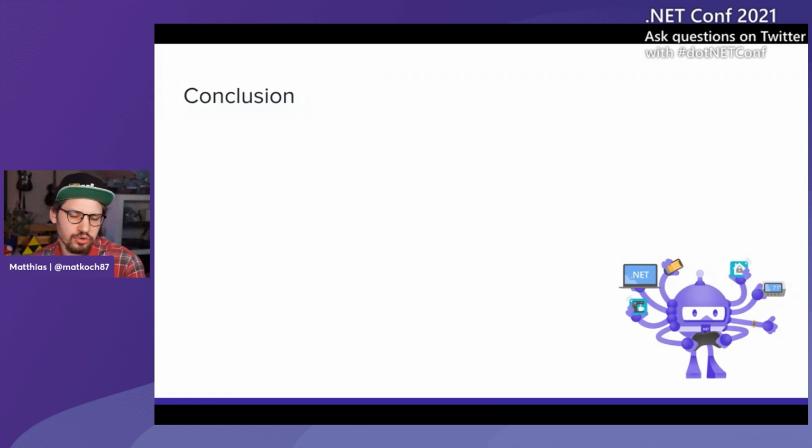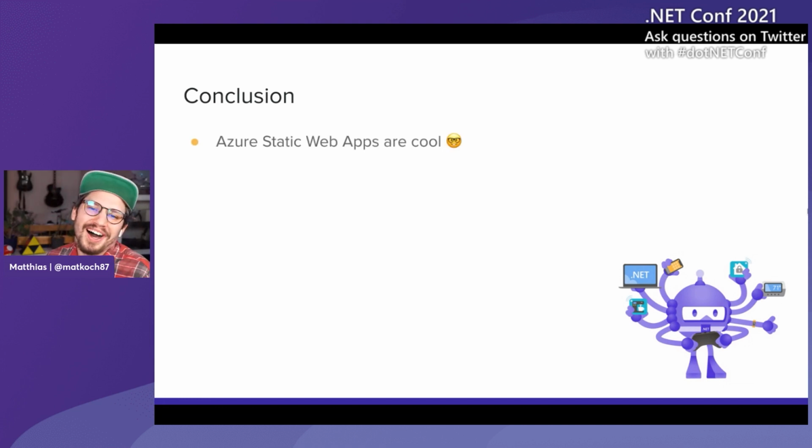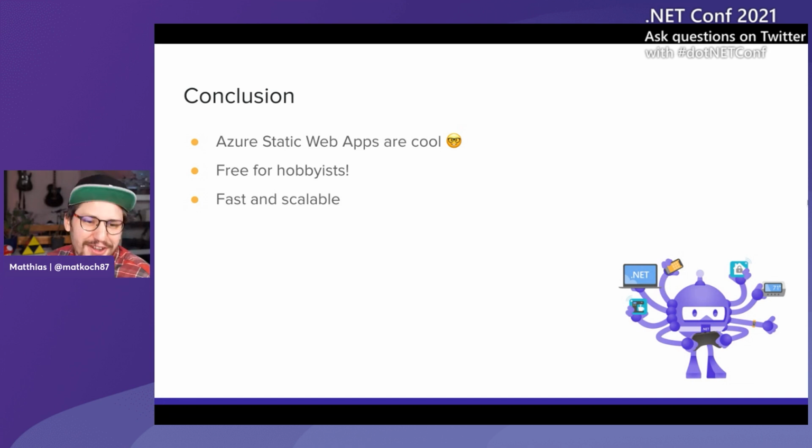So just to conclude here, my personal conclusions: Azure Static Web Apps are really cool. Besides the fact that they are free for hobbyists, technology-wise, it's fast and scalable, fast being globally distributed with the static content, and scalable for the dynamic content that they are working on in Azure Functions.